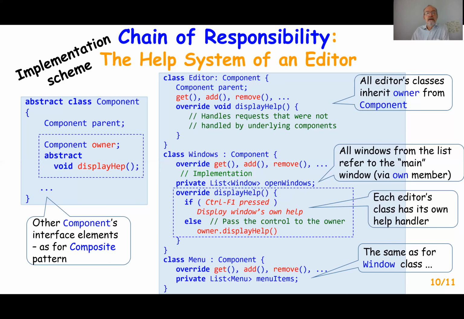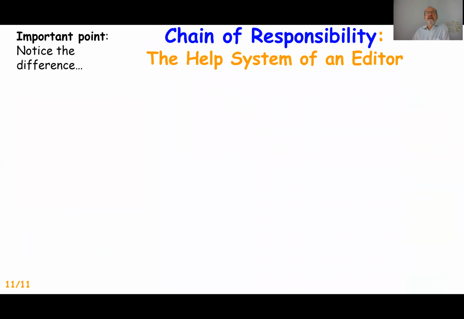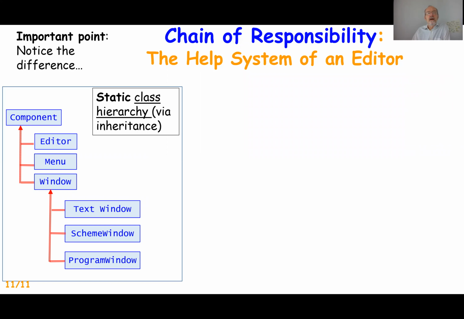My last slide is to emphasize the difference between static and dynamic structure of such a system. Look, when we are writing the code implementing such a software system and implementing chain of responsibility pattern in particular, we have the static structure of such a system.